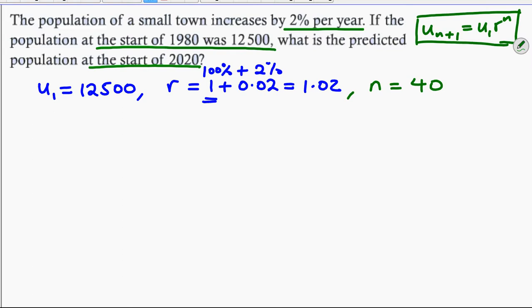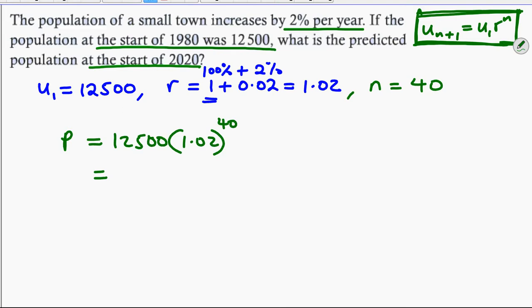Which means the population after 40 years will be U1, which is 12,500, into 1.02 to the power 40. I'm just using this formula that I've already established. And that will give me 27,600. That's it.